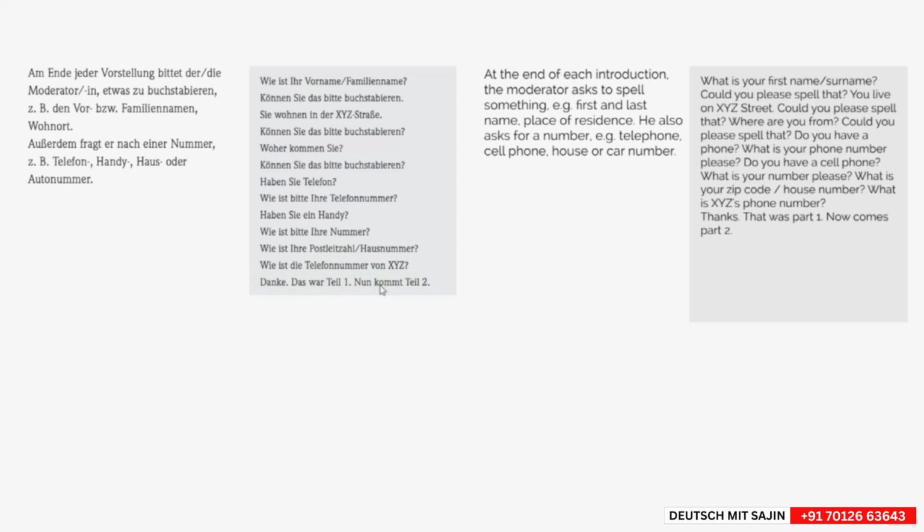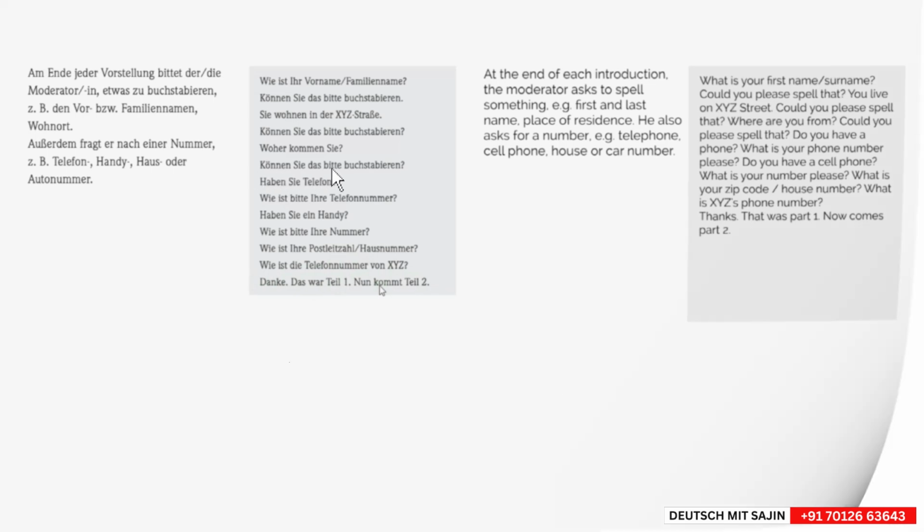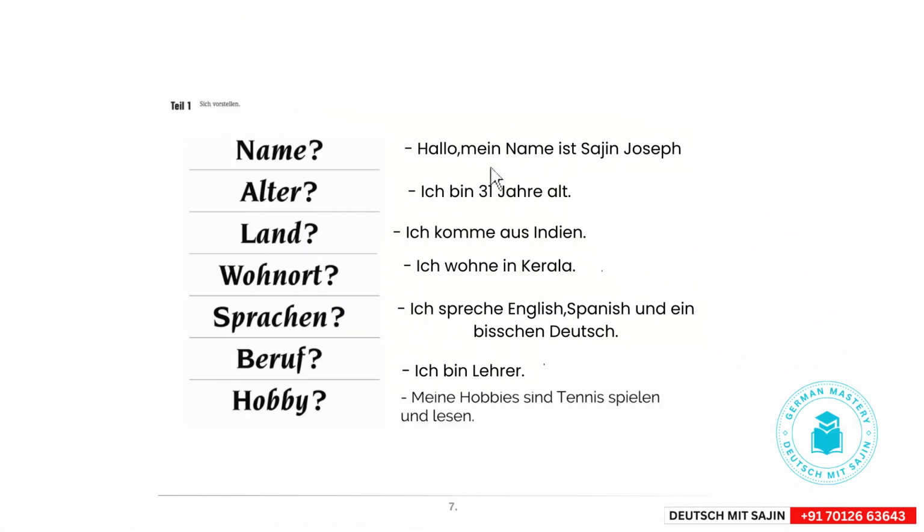So here is an example if you have to introduce yourself. Name. Hello, my name is Sajin. So my name is Sajin Joseph. Just an example. Alter, the age. Ich bin 31 Jahre alt. Next one, Land, the country. Ich komme aus Indien.